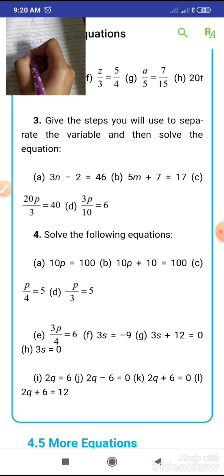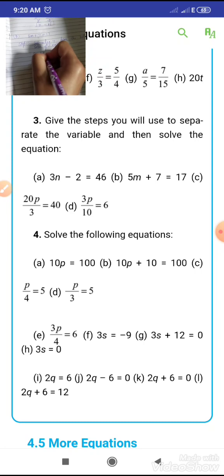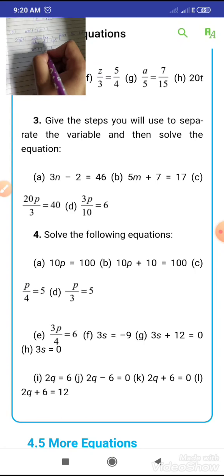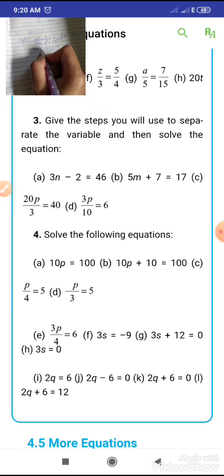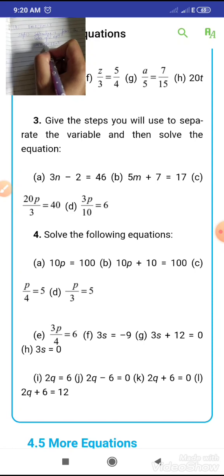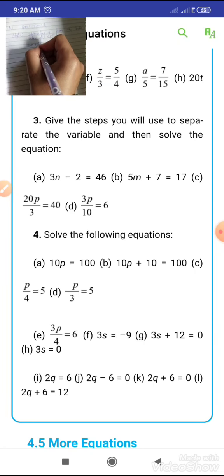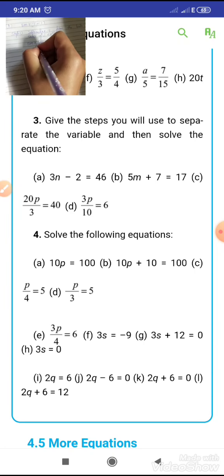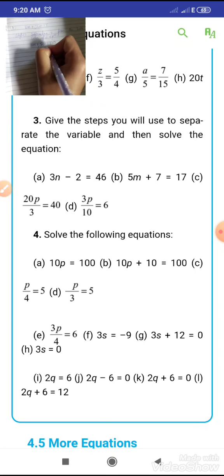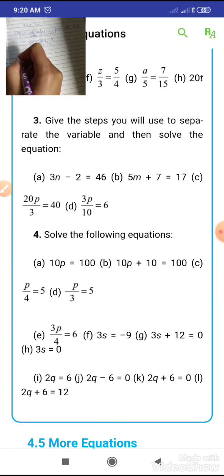So we have 5m plus 7 is equal to 17. It is our equation, and after subtracting 7 from it, we get 5m plus 7 minus 7 on the left hand side and 17 minus 7 on the right hand side. Plus 7 and minus 7 will cancel out. Then we have 5m is equal to 10.